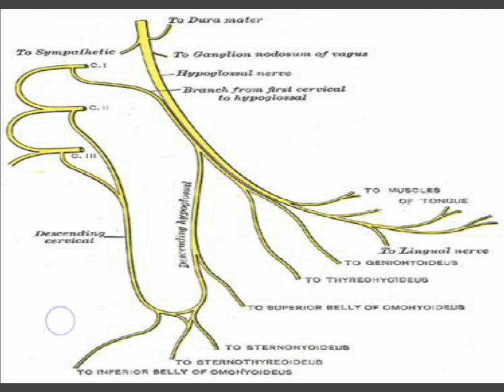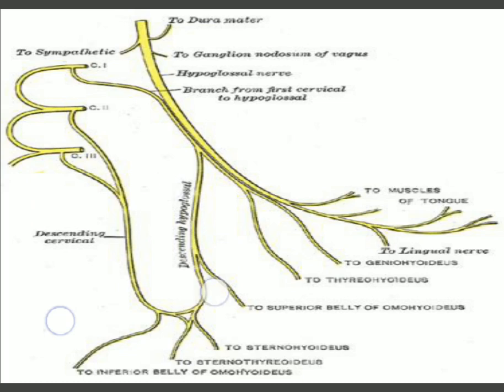Now we'll discuss a little bit about the Ansa cervicalis. So it is a nerve loop. You can see here this C1, C2 and C3, they form a loop, and this loop is referred to as the Ansa cervicalis. And the C1, C2, C3, they are part of the cervical plexus.